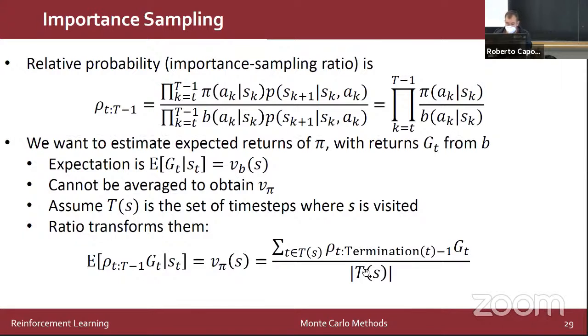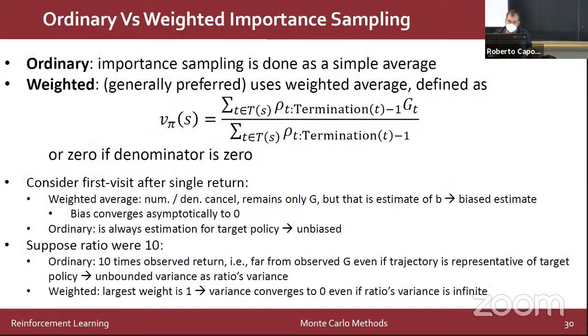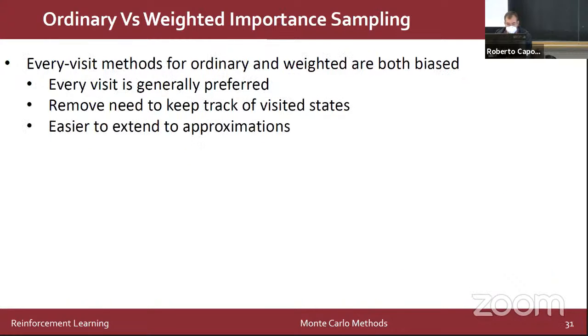So it's just an average where you divide the multiplication of the weight and the return by the number of times you visit a certain state. In the weighted case, instead, your division is on the weights themselves. So it's a weighted average in practice. Okay. Hope this is clear now.